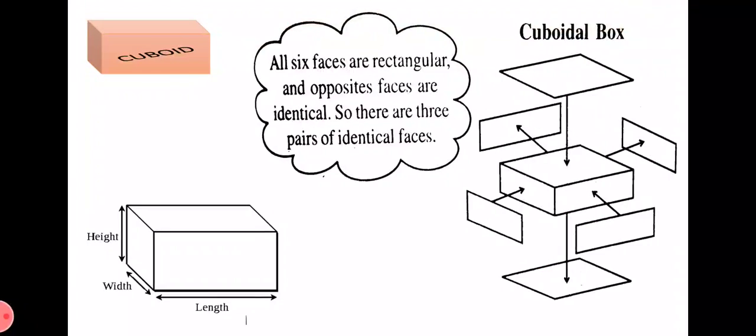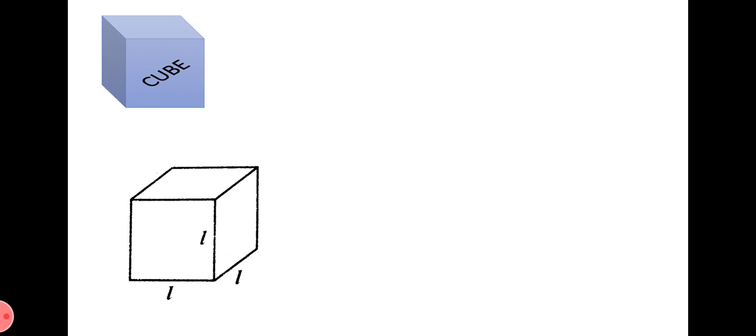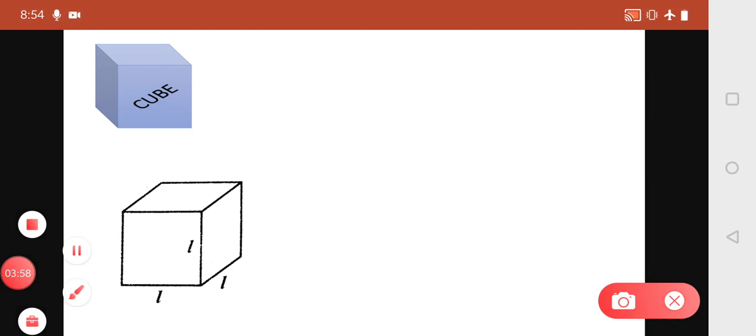Now let's see about cube. The cube also has 3 dimensions, but as all the faces of a cube are squares, all the 3 dimensions are the same length. Here you can say this is length, this is also length and this is also length, because a cube is made up of square faces only.